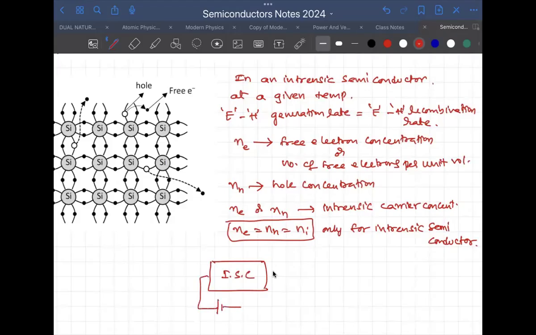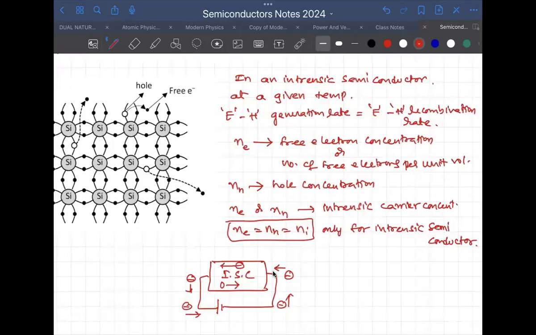is connected externally to a battery, what happens? Frankly speaking, holes will be drifted towards the negative terminal. Electrons will be drifted towards the positive terminal. In fact, in a conductor, it is the electron that moves. Opposite to this will be the direction of the current. You already know conventional current.